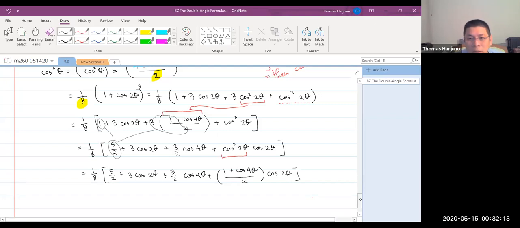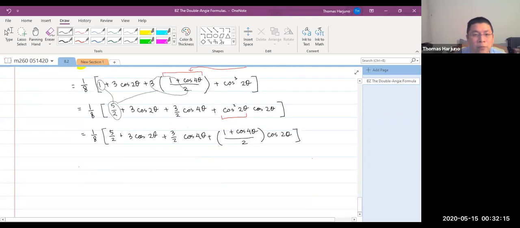Okay, and then furthermore, this is 1/8, 5 over 2. Let me do more combination. I will combine this guy here with this guy here.